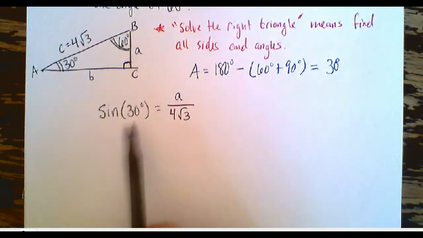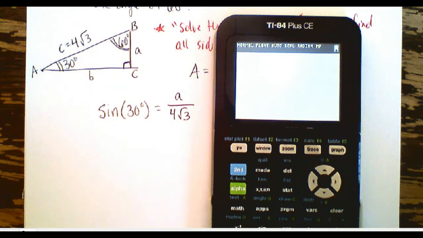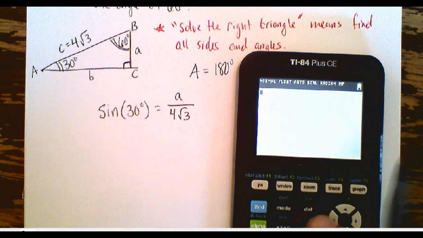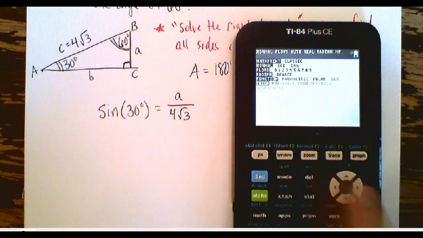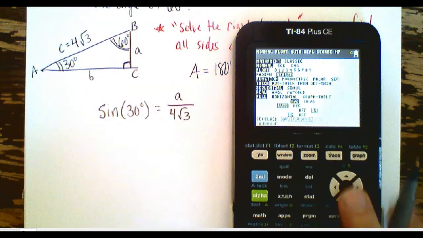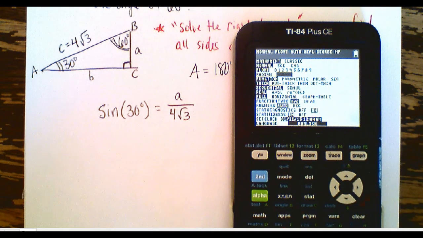Well, what is the sine of 30 degrees? Let's make sure that our calculator is in the proper mode. You want to make sure that your calculator is in degree mode if you're working with degrees. If you have a graphing calculator, hit mode, go down and over and highlight degree and push enter.